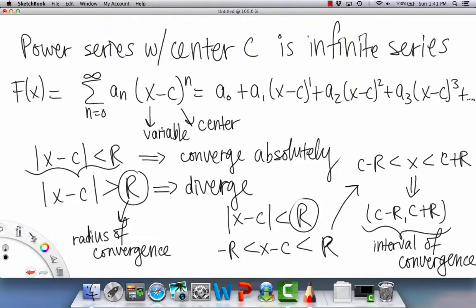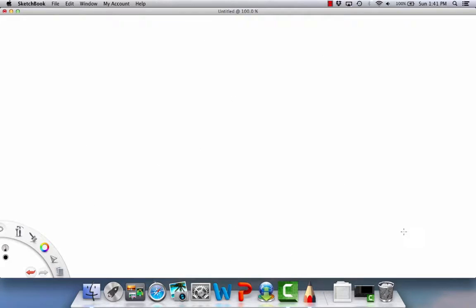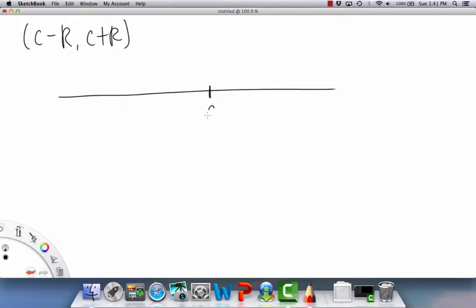They're related in the following way. Here's our interval again, c minus r to c plus r. On a number line, here's point c, our center of the series. Let's say r is some distance, our radius of convergence.